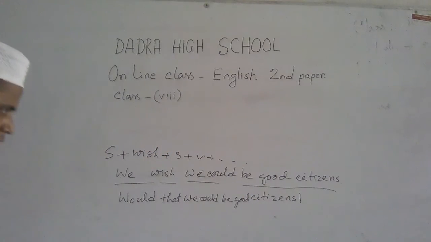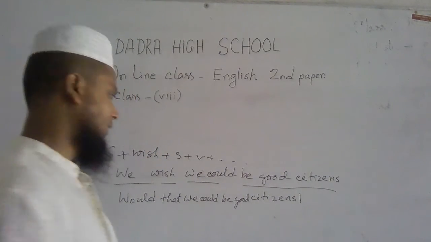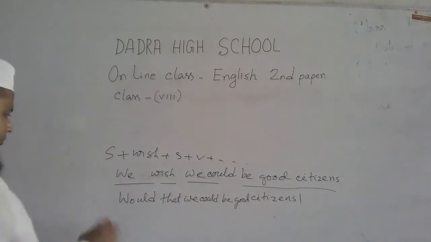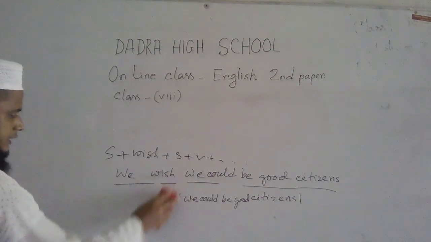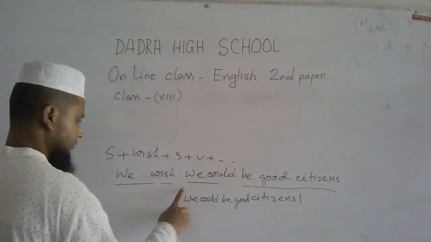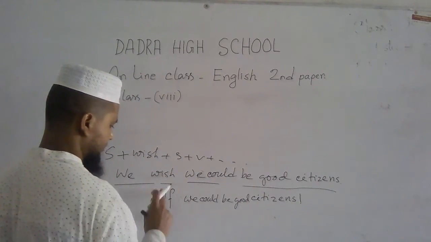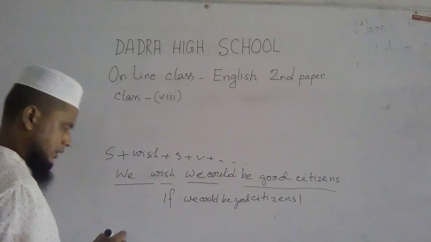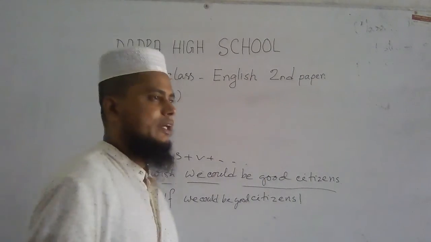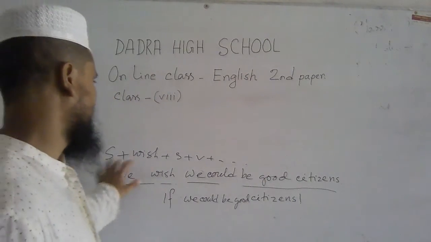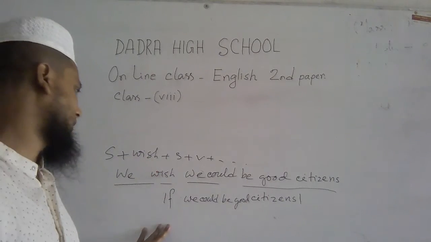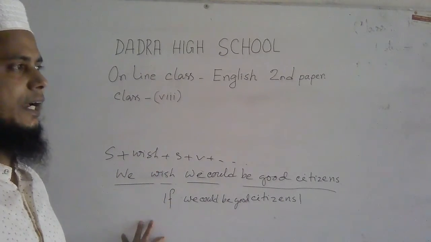You can use would that, and you can also avoid would that, and in that case you can use if. And thus you can make the assertive sentence that starts subject plus wish by using if or had or would that.